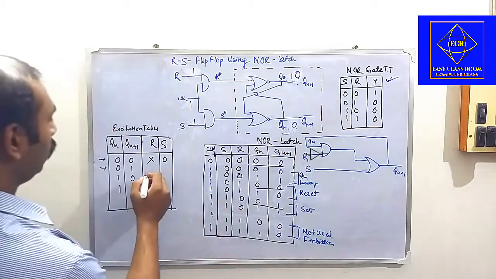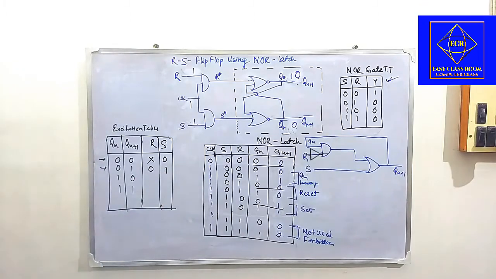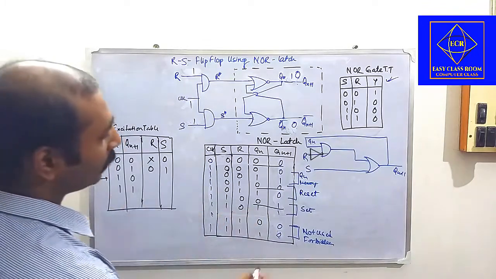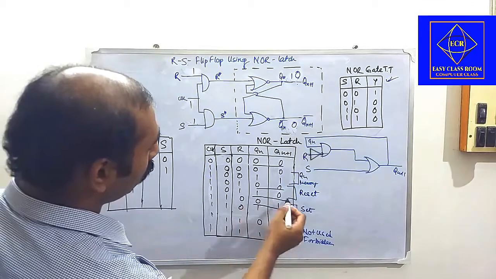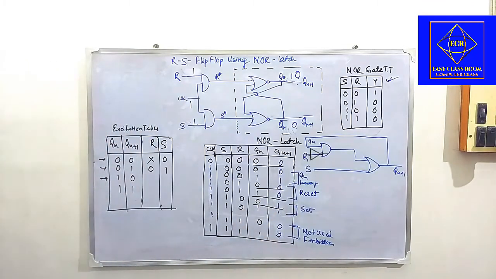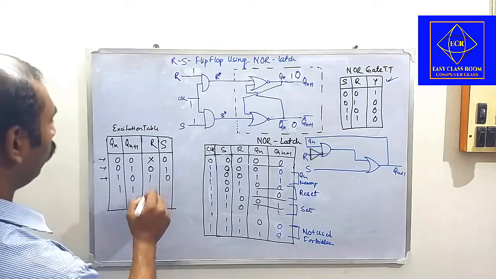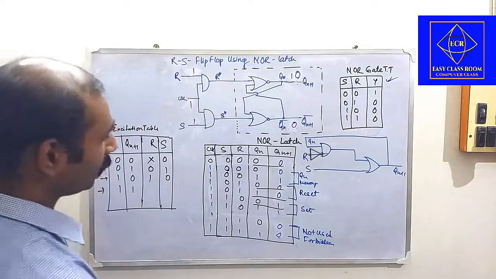So S is 1, R is 0. Okay. Here, if 1 and 0, where are we getting 1 and 0 from? This is the only one we are getting, 1 and 0. So S is 0 and R is 1. And from this, where are we getting 1 and 1?